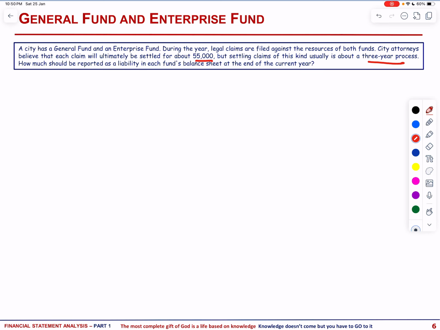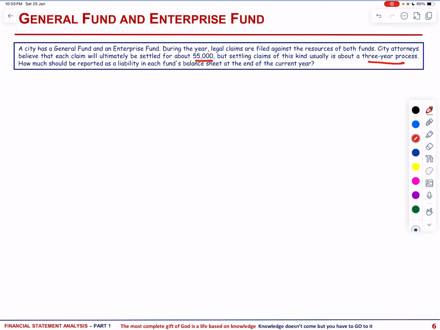So, to determine how much should be reported as a liability for each fund at the end of the current year, we need to consider the accounting treatment for liabilities related to legal claims for both the general fund that uses the modified accrual basis and the enterprise fund that uses the accrual basis.